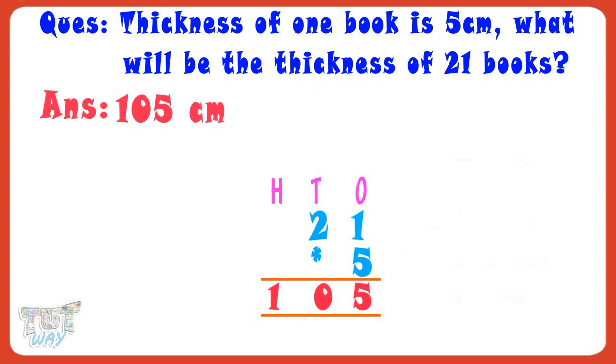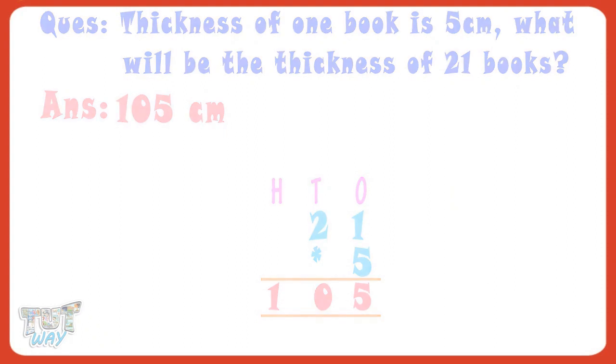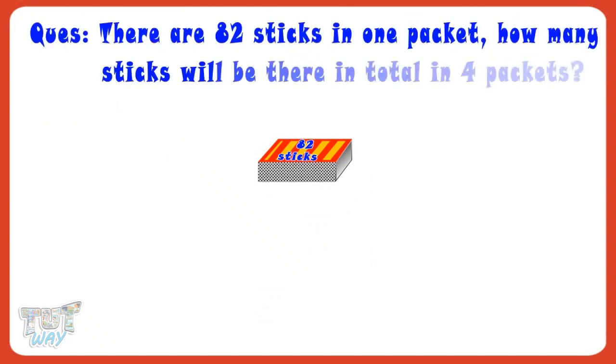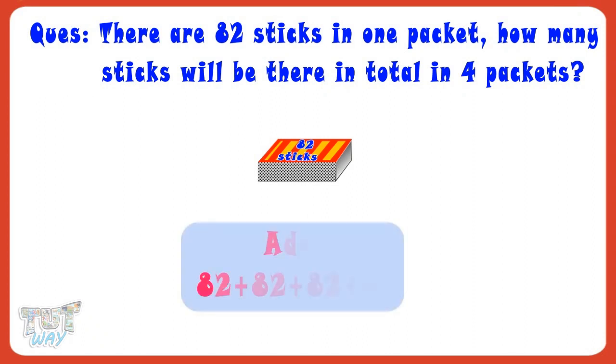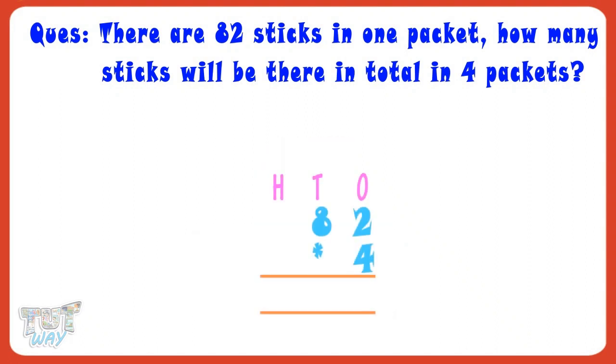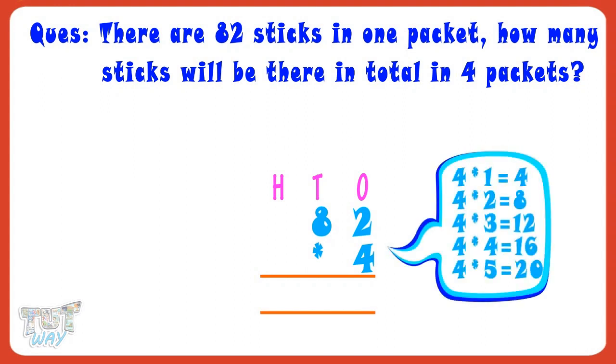Let's take just one more example. There are 82 sticks in a packet. Then how many sticks will be there in total in 4 such packets? We need to add 82 4 times. So instead, we can multiply 82 with 4. We write it as now. What is 4 multiplied by 2? It is 8.